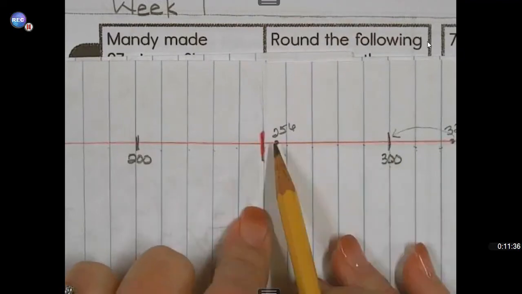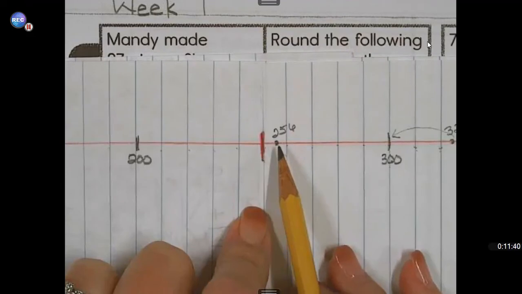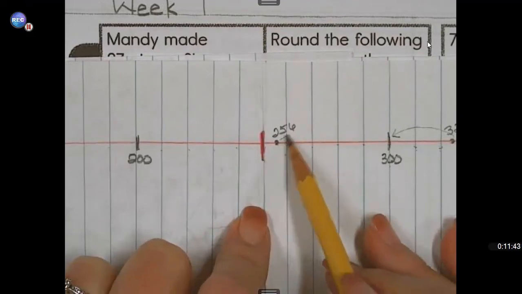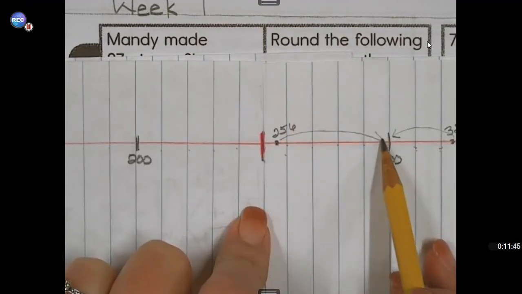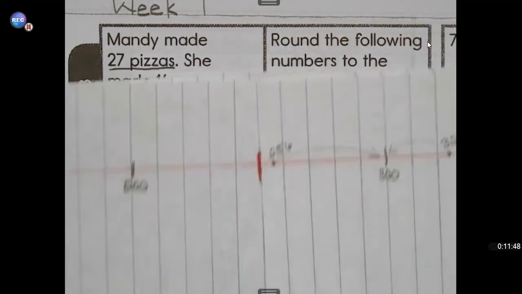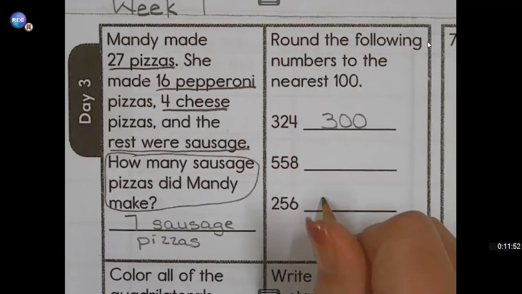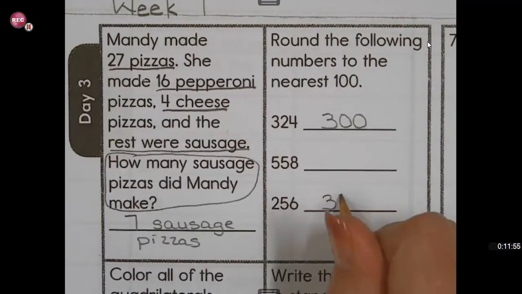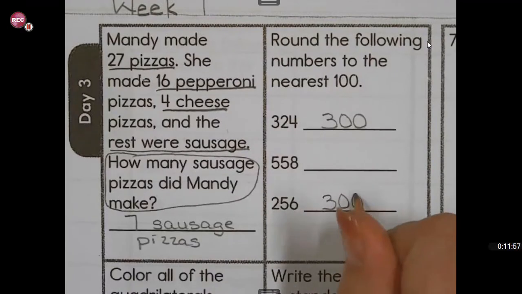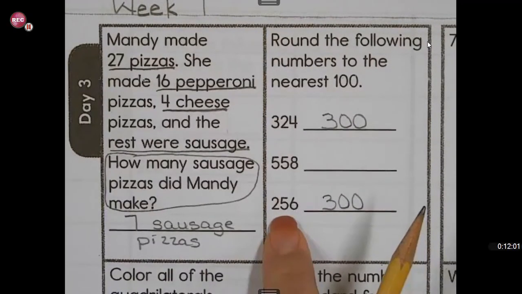So we know that since 256 is just past the 250 mark, it's going to be closer to our 300. So now we can say, back to our answer sheet, that 256 would also round to 300 because it's past 250 and it's closer.